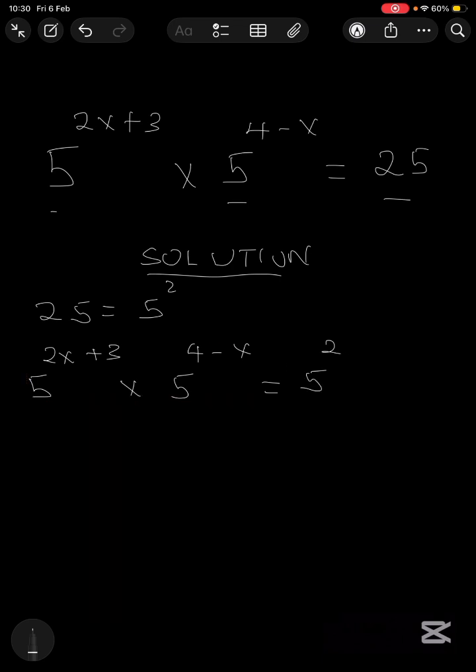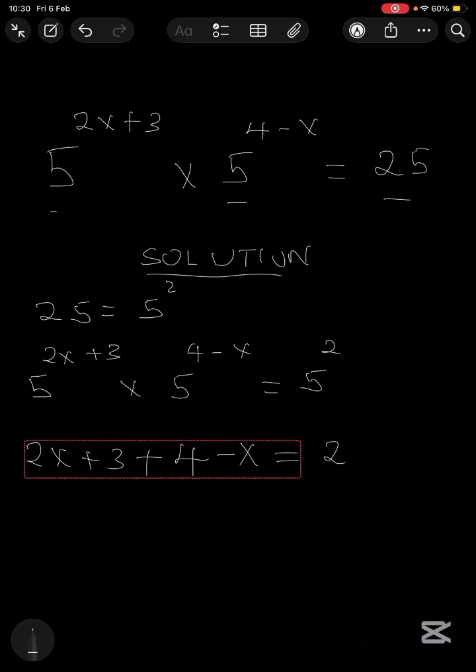As you can see, the base is the same. Now we focus on the powers. This is the multiplication sign. That means we are supposed to add the powers. So we have 2x plus 3, the multiplication sign is the same as addition sign, plus 4 minus x is equals to 2.